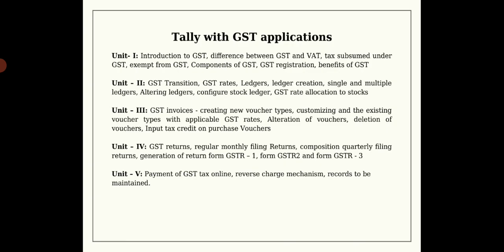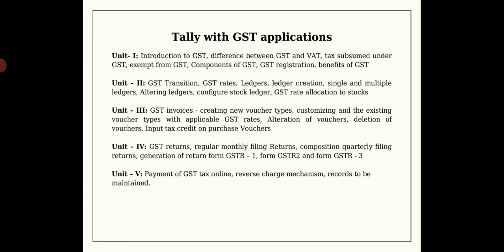Next, Unit 3: GST invoices, creating new voucher types, customizing the existing voucher types with applicable GST rates, alteration of vouchers, deletion of vouchers, input tax credit on purchase vouchers.